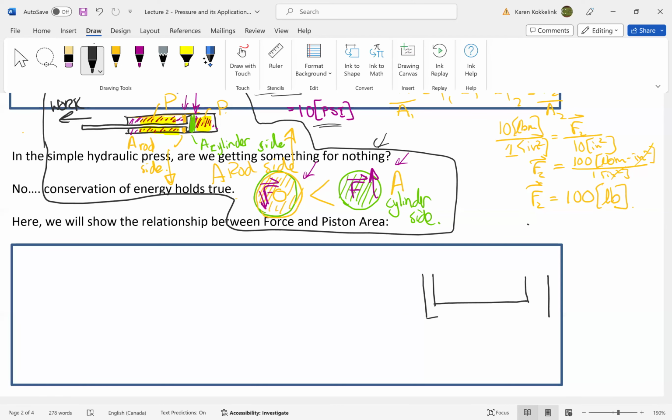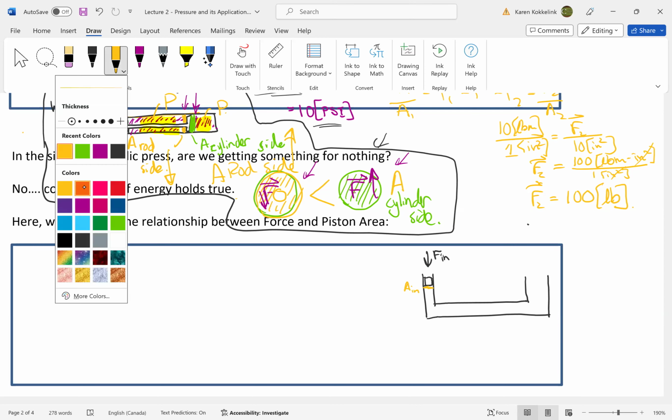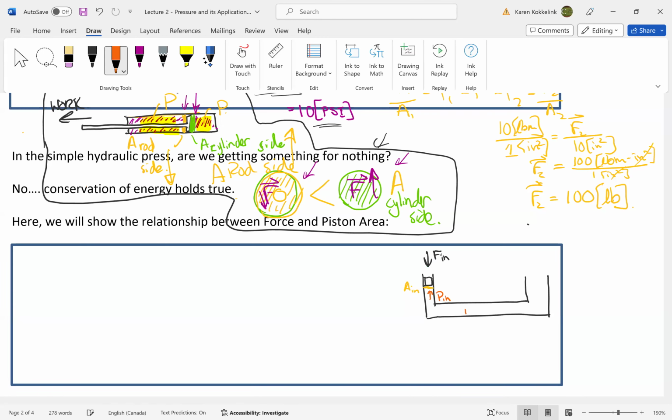I'm going to say that if I am acting with a force here, F in, then it's going to act upon a cross-sectional area, A in, to make a pressure, P in, which will be the same as the pressure throughout, that is just called P, which will be the same as the pressure P out.